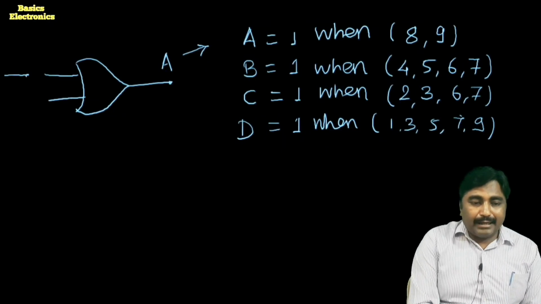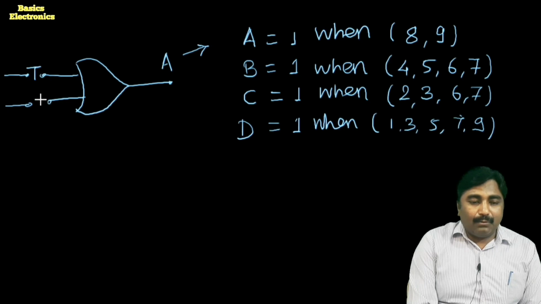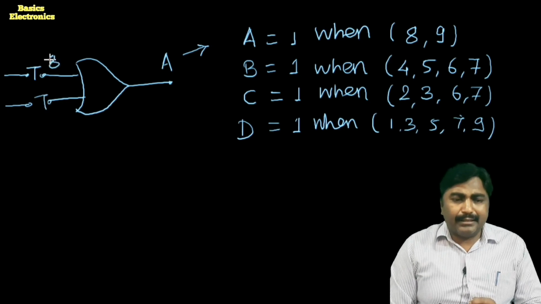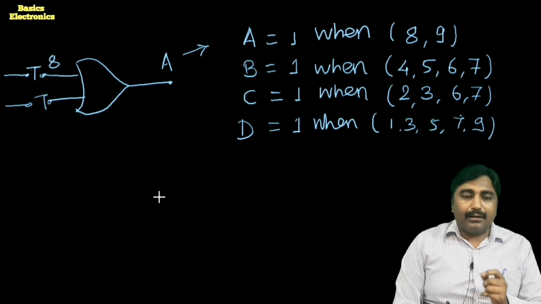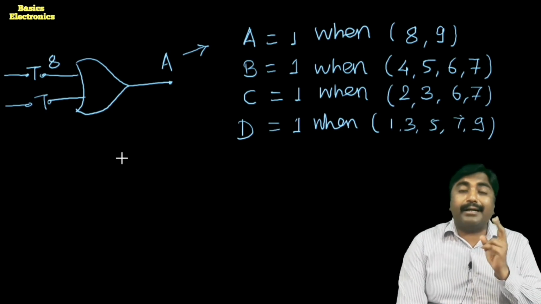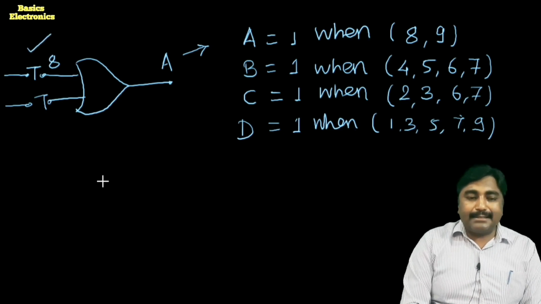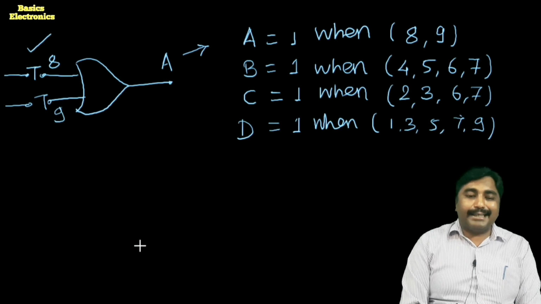So I am going to connect here one switch. This switch is not active now, it is in inactive mode. Each switch is used for a particular decimal number, this switch is assigned for the decimal digit 8 and this switch is assigned for the decimal digit 9.